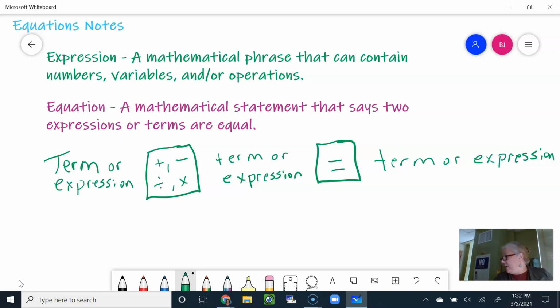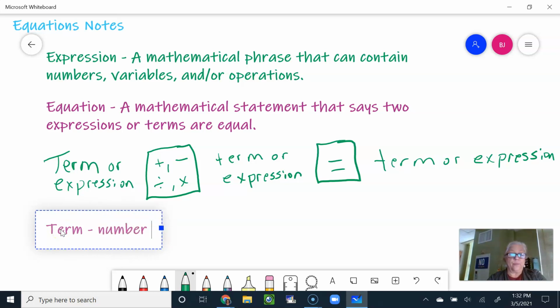Now, if you'll remember correctly, we talked about what a term was last week. I'm going to go ahead and give you that definition again, just in case you don't remember it. We said that a term is a number with the variable.